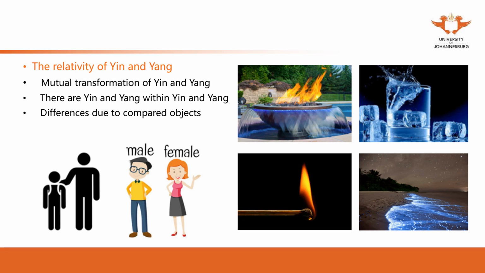So that's the absoluteness. However, Yin and Yang can develop into each other. So there's no clear line between Yin and Yang. That's why we say the mutual transformation of Yin and Yang. How do you know Yin and Yang can develop into each other?